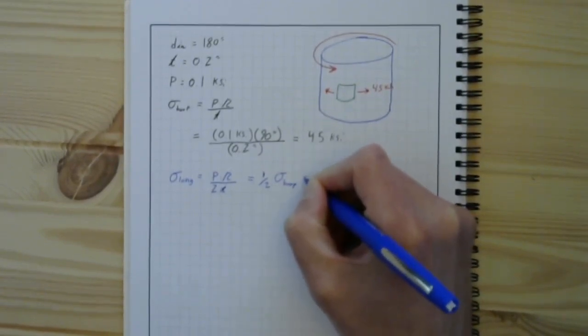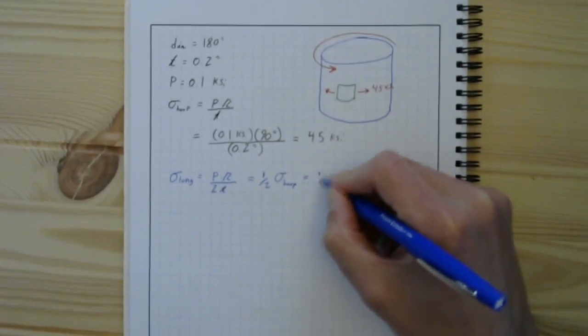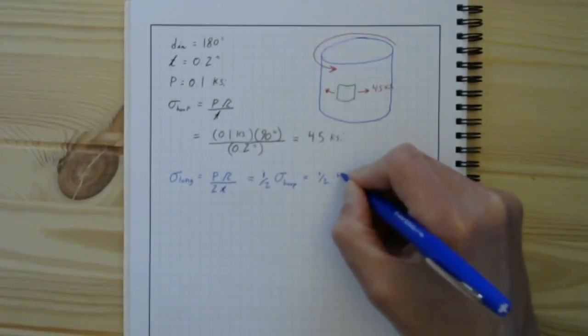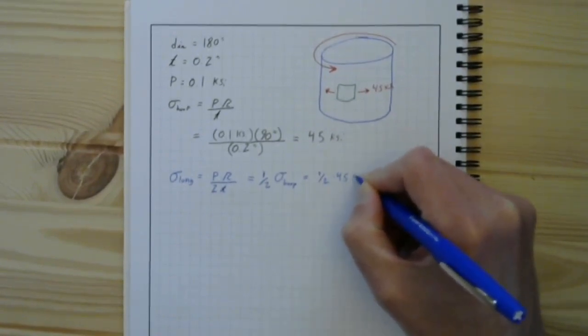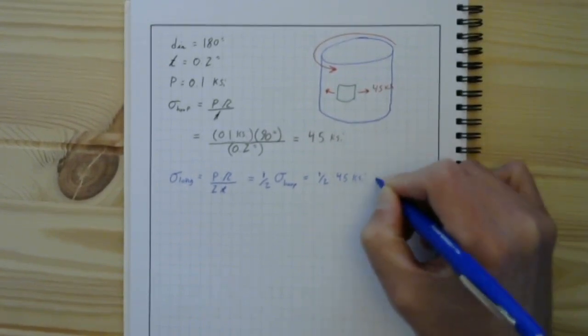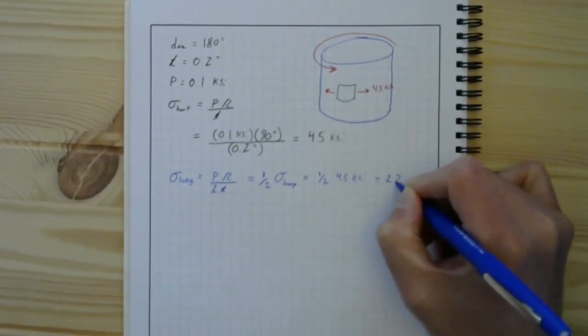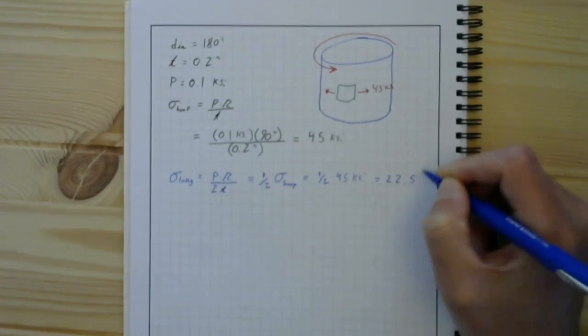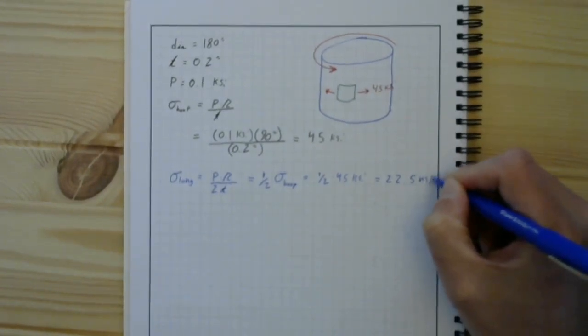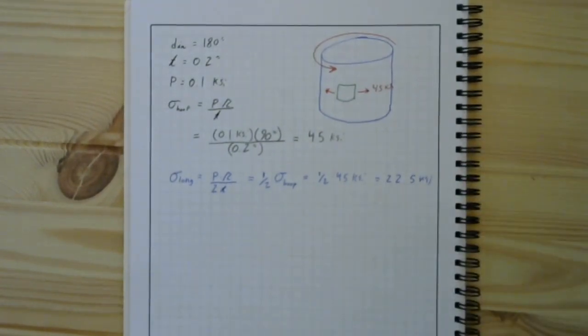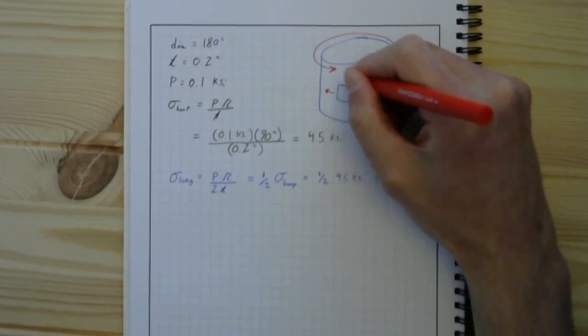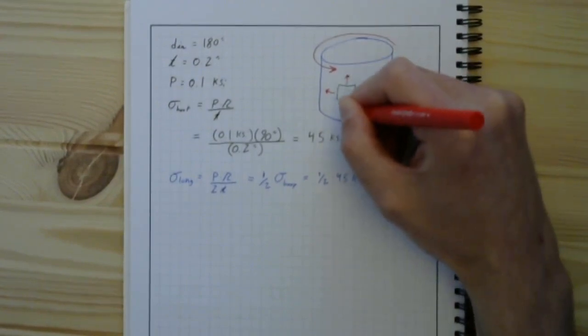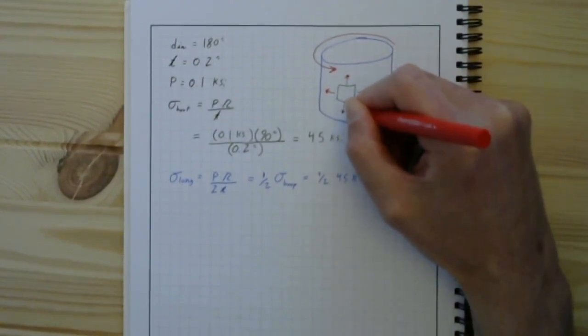And that's what I would use here, because that means we've got 1/2 45 ksi, which is 22.5 ksi. So that's going to be the stress in this direction right here from the pressure.